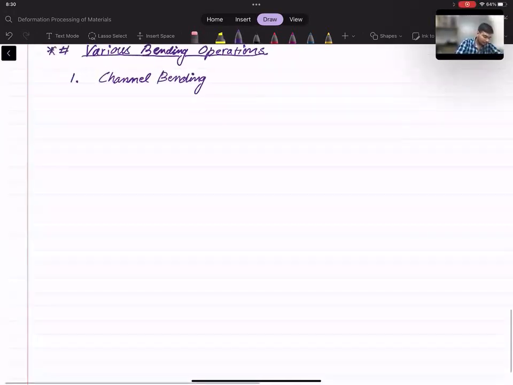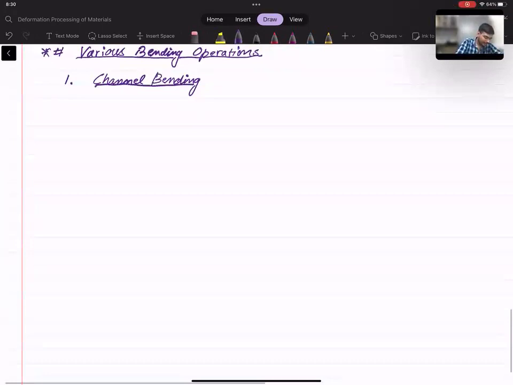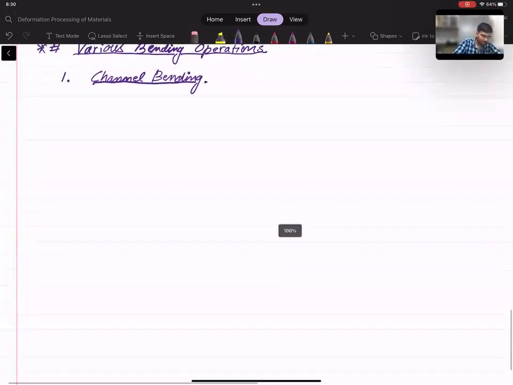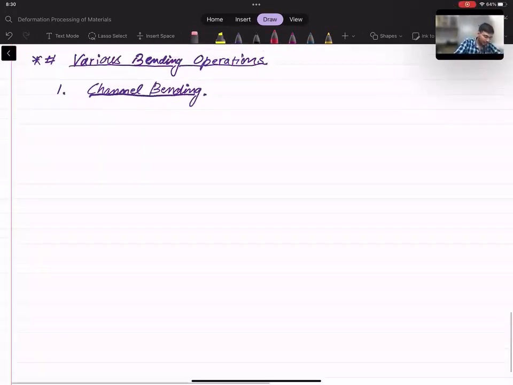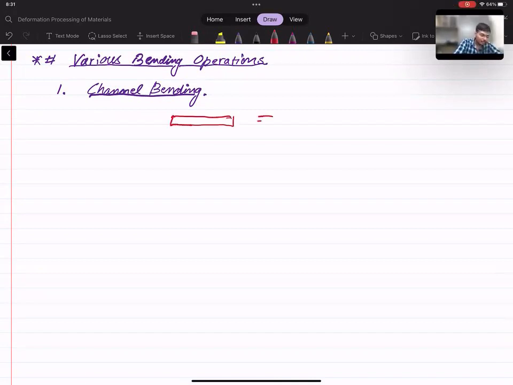What happens in channel bending is, we will see all these with the help of schematics only, and that will be very clear. Say we had the initial shape like this, and this will be now converted to a channel like this. So this is nothing but channel bending.